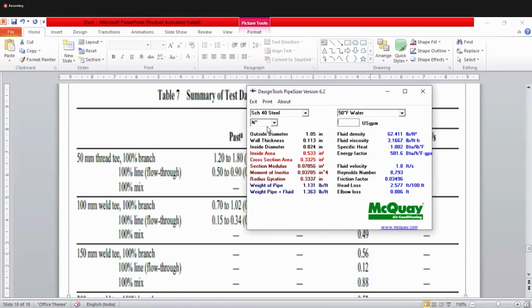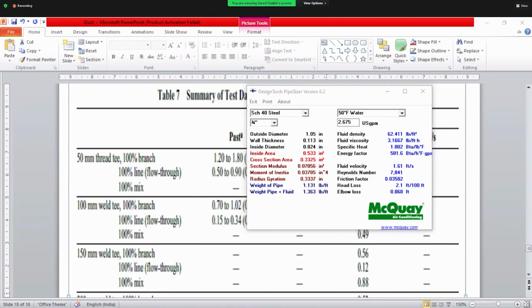After selecting the pipe size every time, we have to put the value of the GPM, 2.675. Now the fluid velocity is within our limit, and the head loss is also below 4 feet per 100 feet. So we can go with 3/4 inch pipe size.